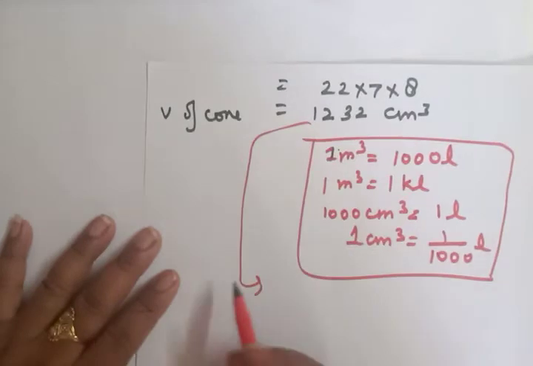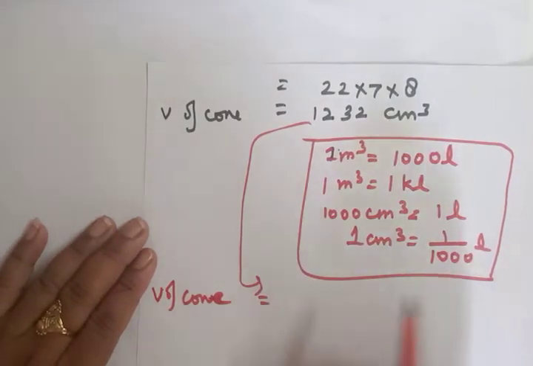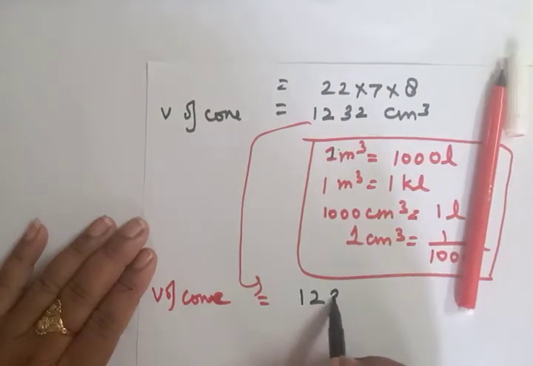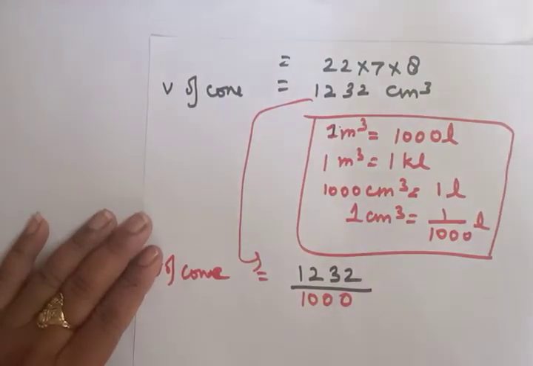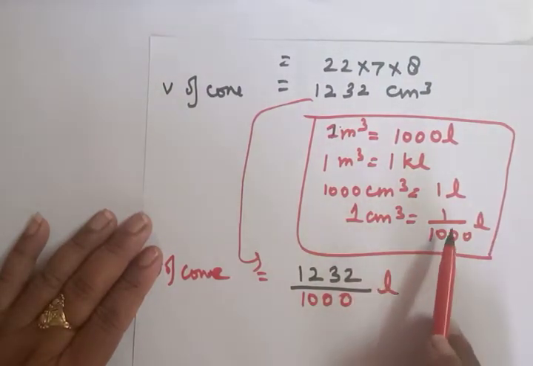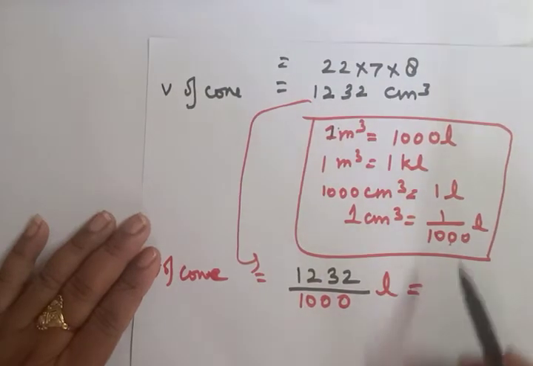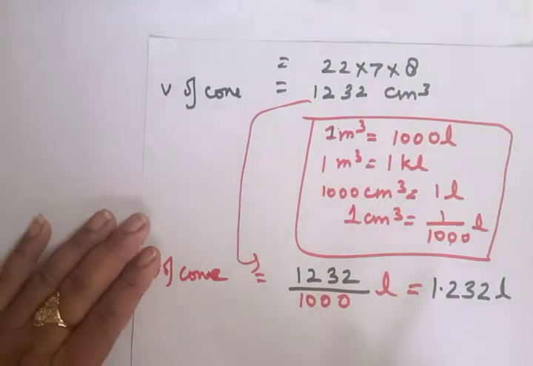So that will be 1232 divided by 1000, because instead of centimeter cube we have written 1 upon 1000. So that will equal 1.232 liters. Clear?